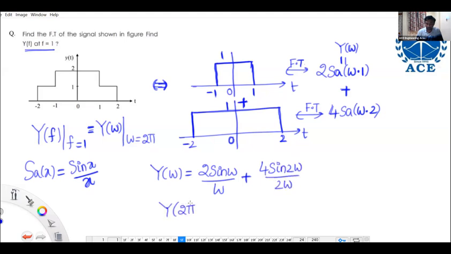We want the answer at f equals 1, which means omega 2 pi. Sin 2 pi is 0, sin 4 pi is also 0, so the answer is 0. After finding the spectrum, get the value at f equals 1. Answer is 0. Correct or not?